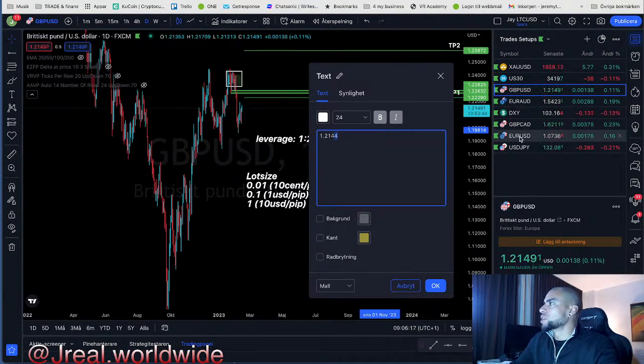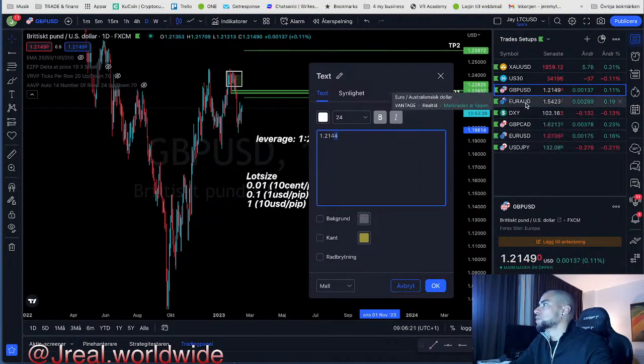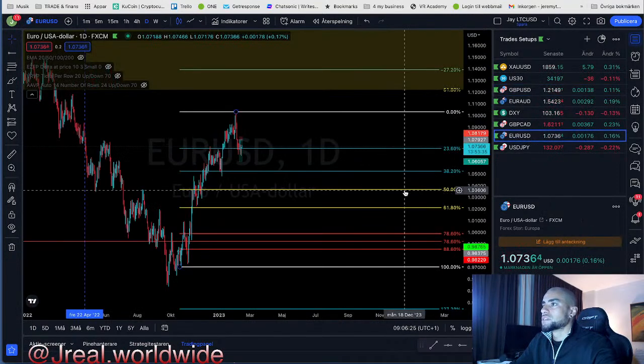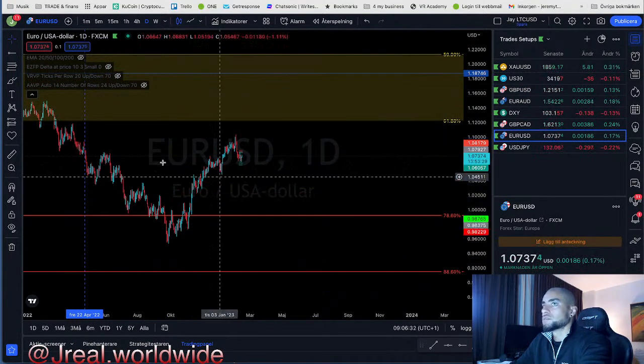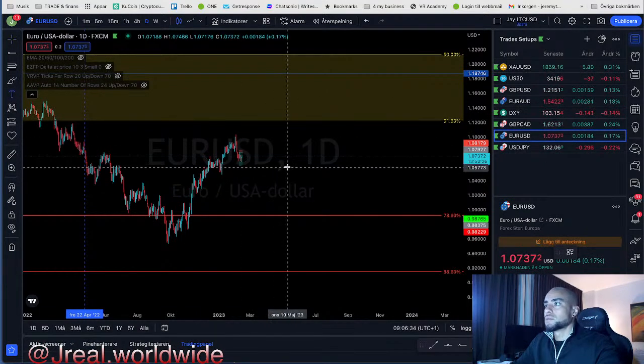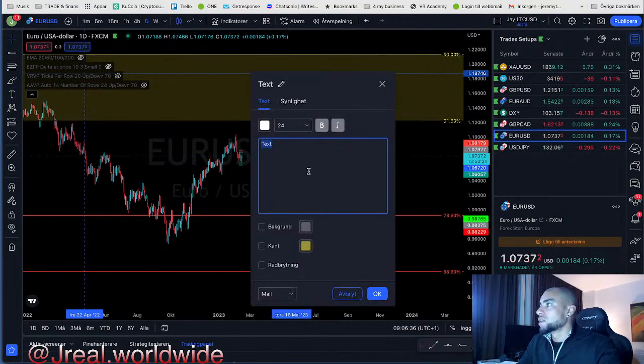To bring another example, let's look at Euro USD. Same thing. Let's remove some of these drawings. What is one pip? Let's say the price right now is 1.0737. Okay, so where is the pip?